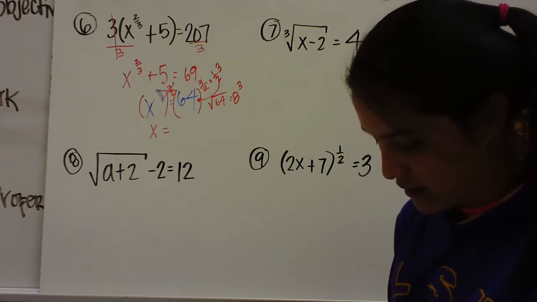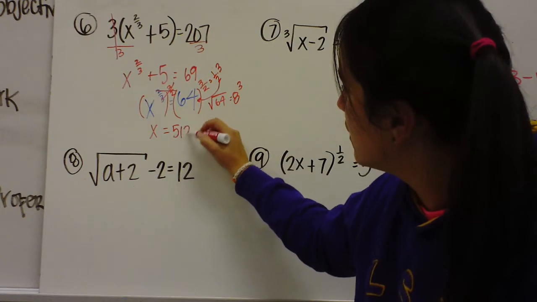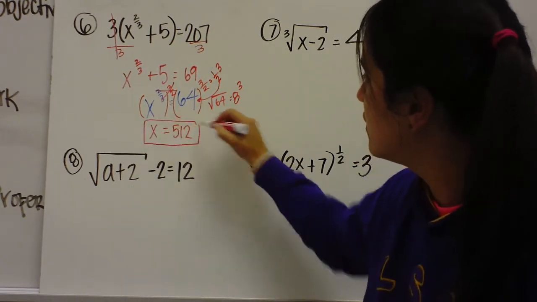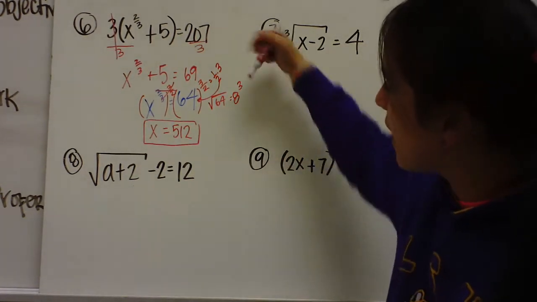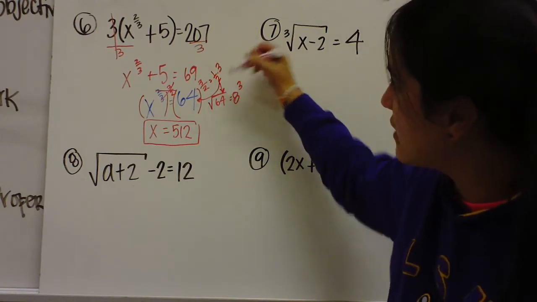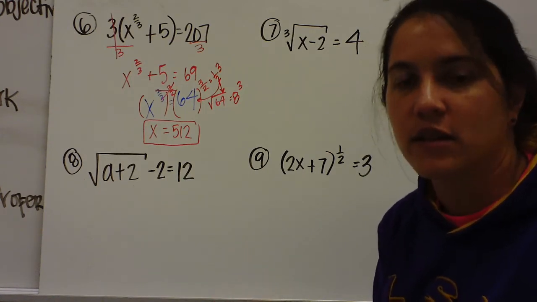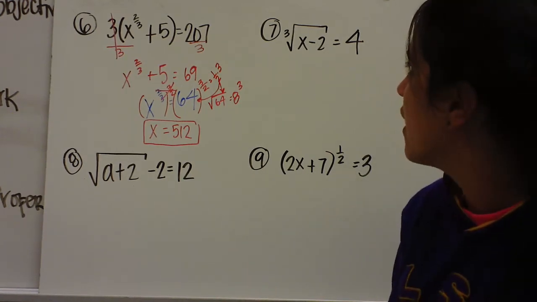And you get 512. Now let me just go back. Breaking it up into a 1/2 power is the same thing as taking the square root. So whenever you can break something into a 1/2 power, that's the same thing as taking a square root.